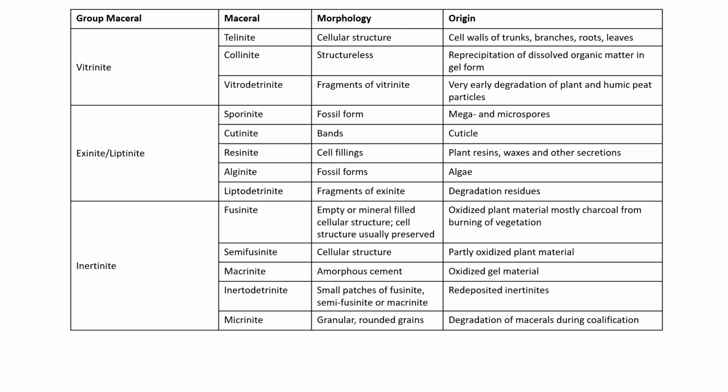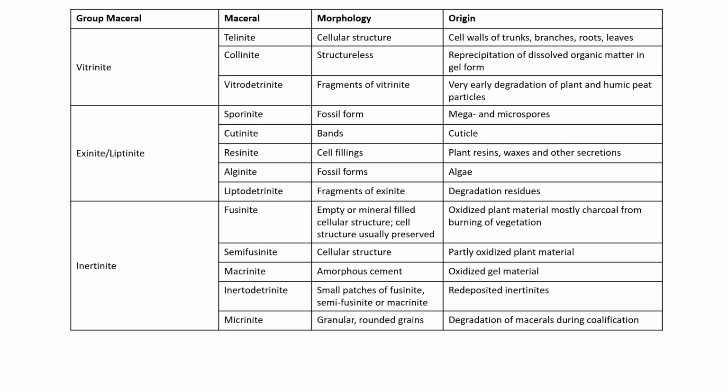So to summarize, you can go through this table, and you have to understand that the macerals are important parts of these coals, and they are formed at various stages from various parts of the plants. Now, these macerals normally do not occur as isolated bodies. Rather, they occur in associations.